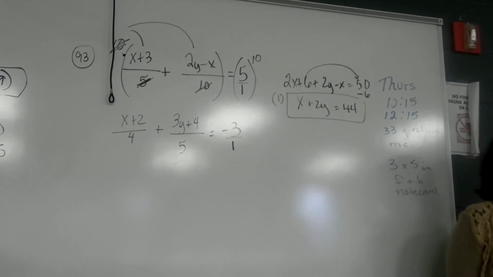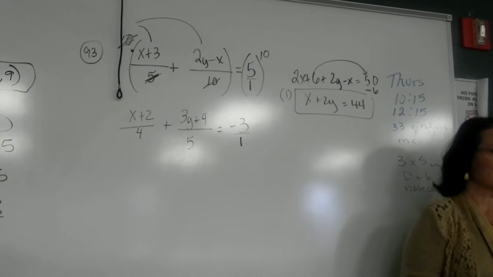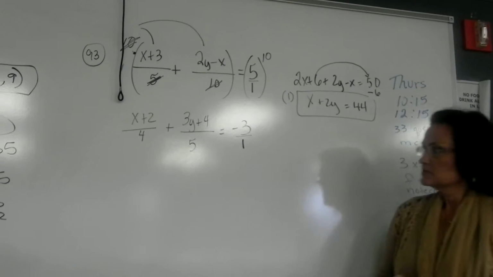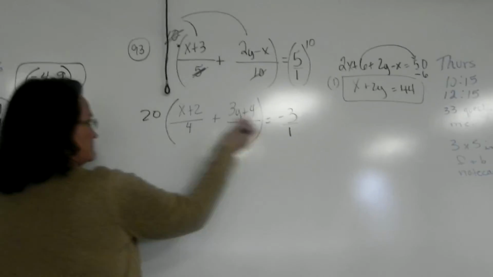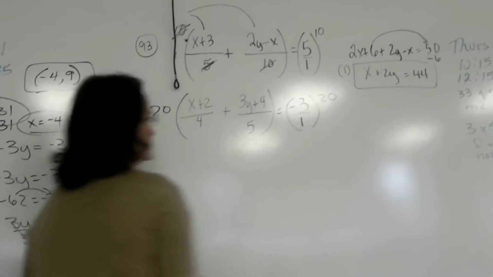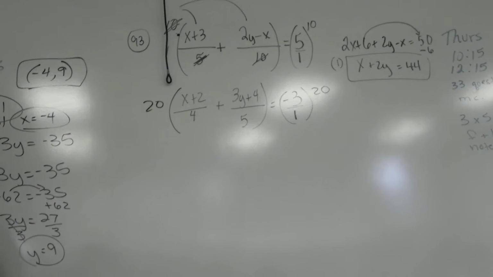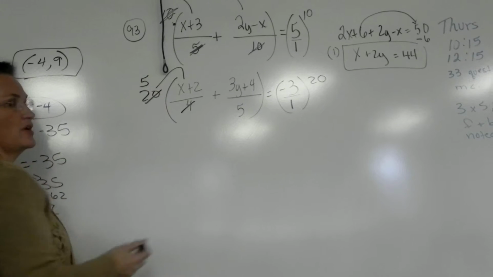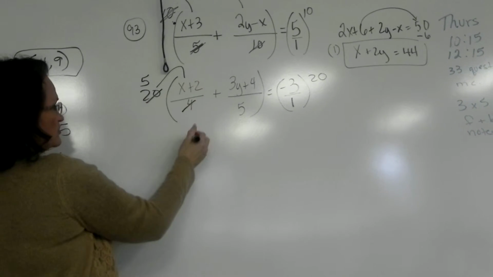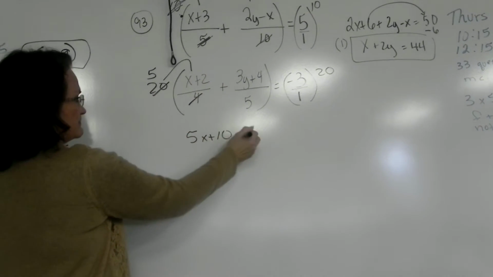And now do the same thing to equation 2. So in equation 2, the LCD on this one is 20. So we times each side by 20. When I distribute 20 by the first one, the 4 and the 20 reduce to a 5. Then the 5 distributes, 5x plus 10.